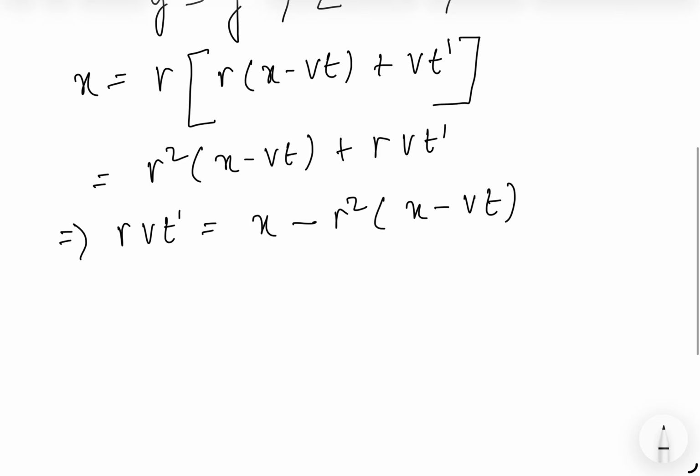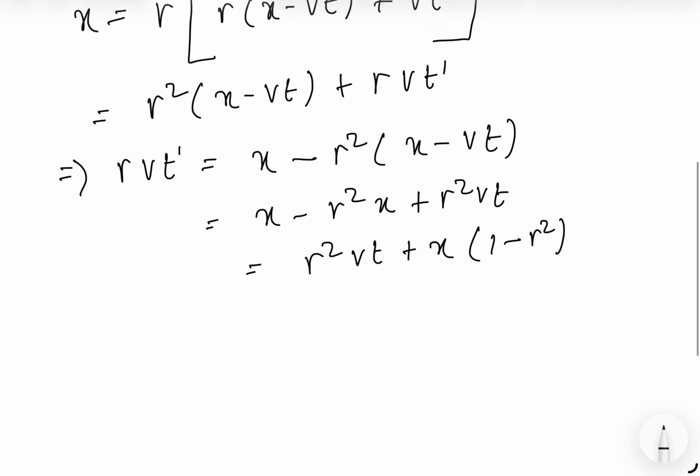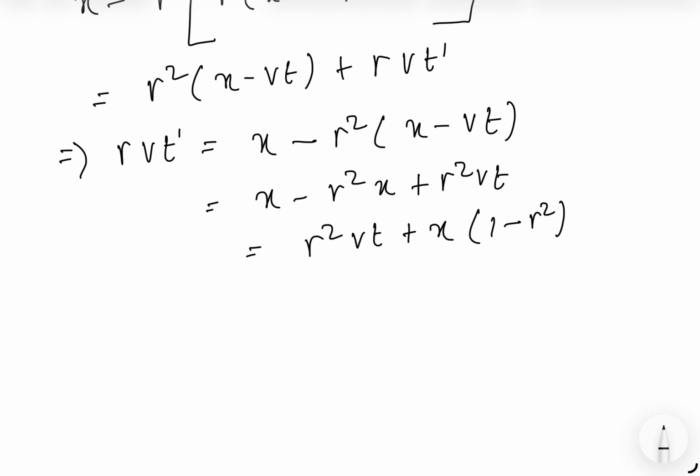Then open the bracket, gamma square vt, and take the coefficient of x out, so you get gamma vt dash equals 1 minus gamma square times x, plus gamma square vt.